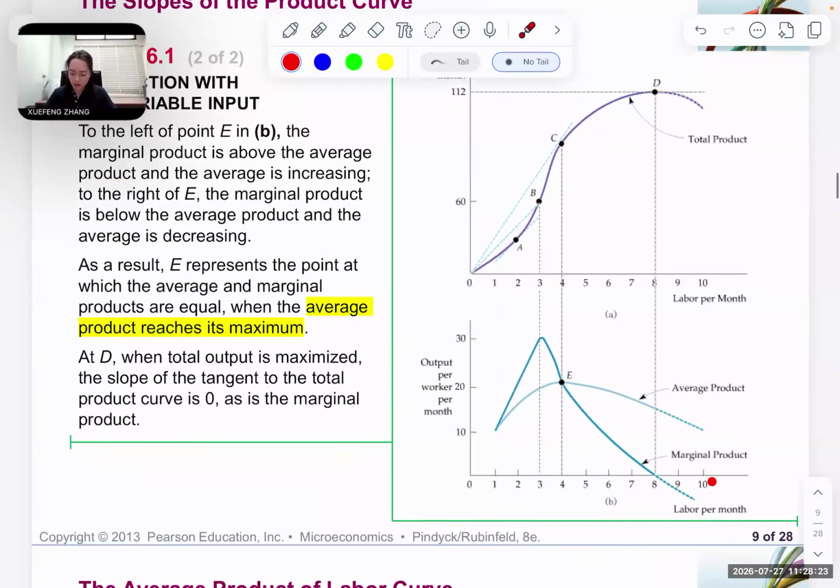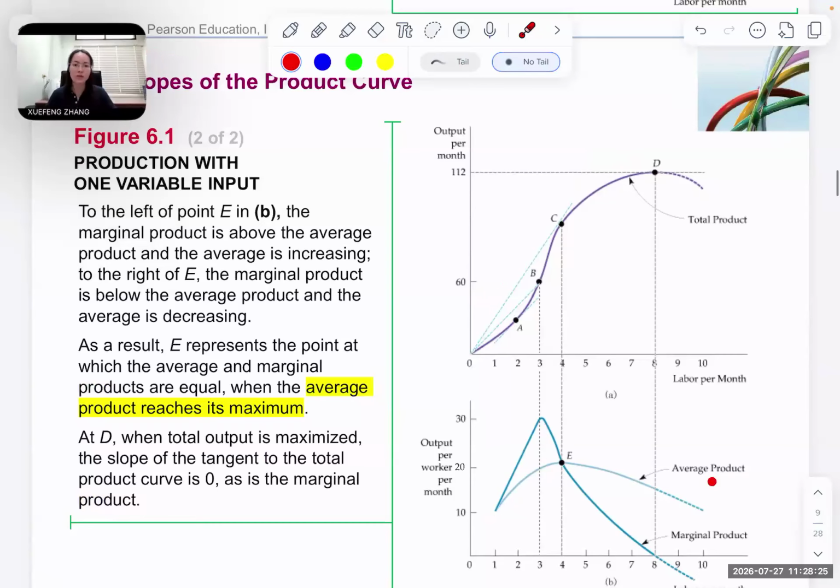Next one, still, let's finish reading this graph carefully. So here we have two new points, E and D. All right, so look at point E. The bottom graph, this is where marginal product and average product cross each other.